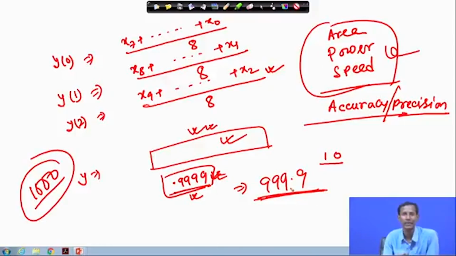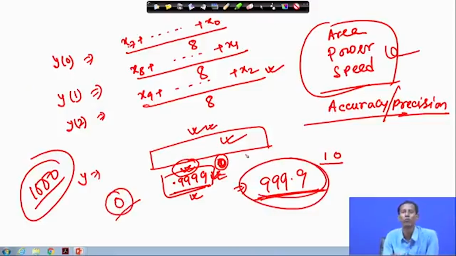But if I use the fixed point number representation, what will I get? Because x0 to x7 are less than 1, they will not be considered as 1. They will be considered as 0. So if I add this 1000 times in this circuit, it will give me 0 only. That means this is the error which I am accumulating.